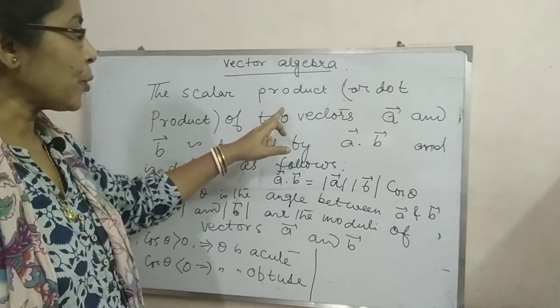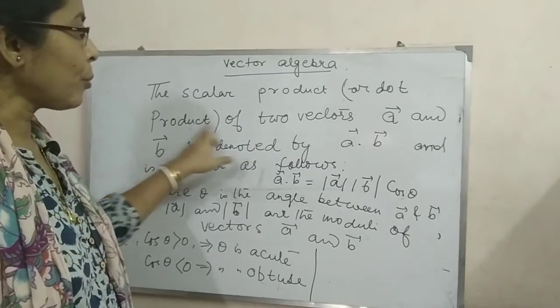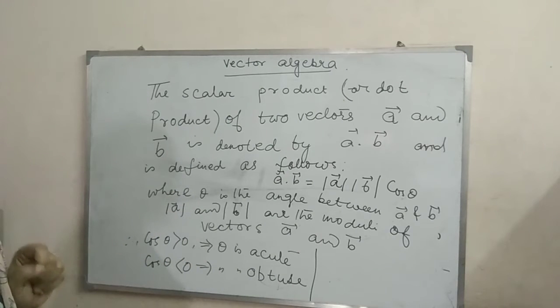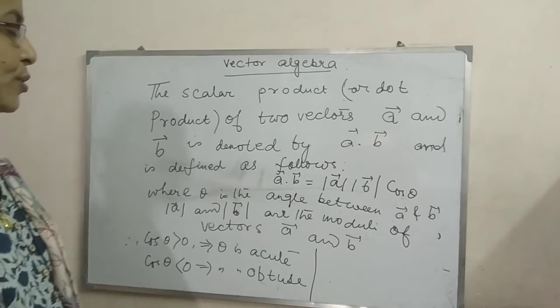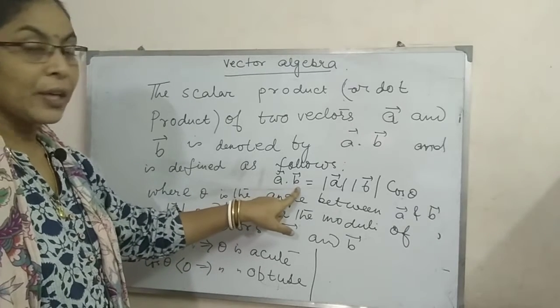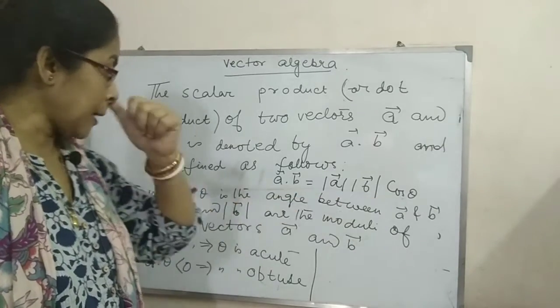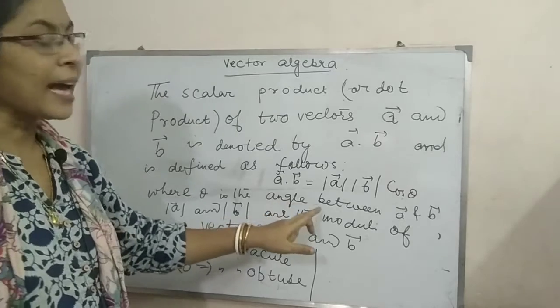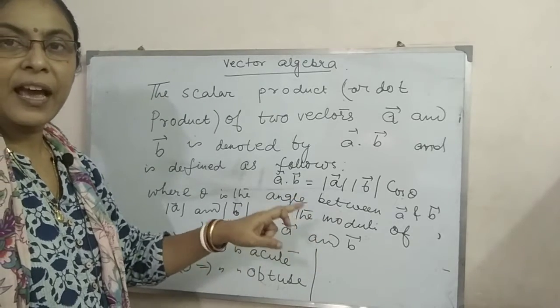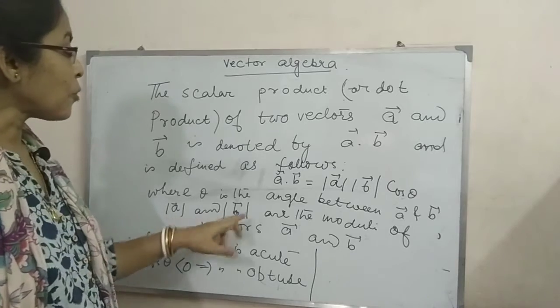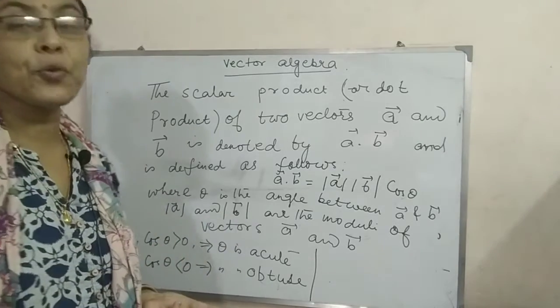The scalar product or dot product of two vectors A and B is denoted by A dot B and is defined as follows: A dot B equals mod A mod B cos theta, where theta is the angle between vector A and vector B, and mod A and mod B are the moduli of the two vectors.